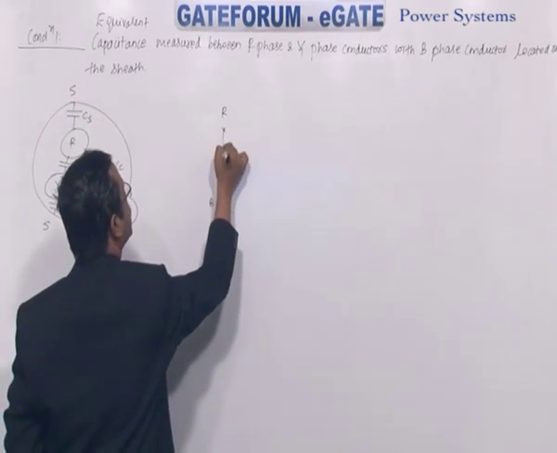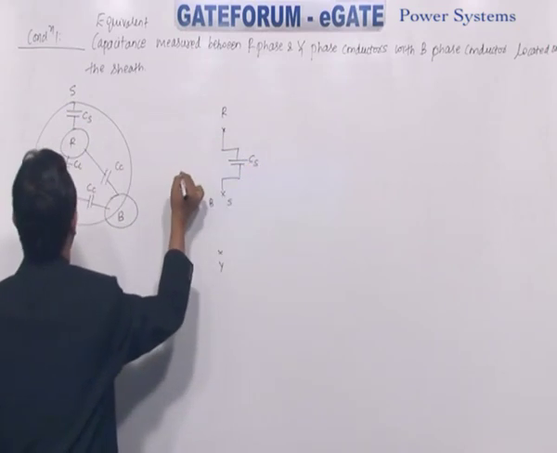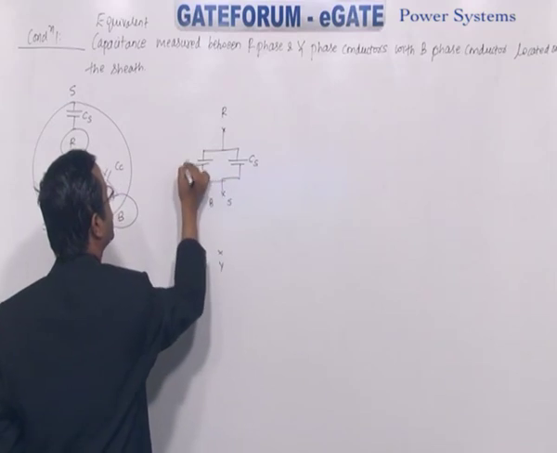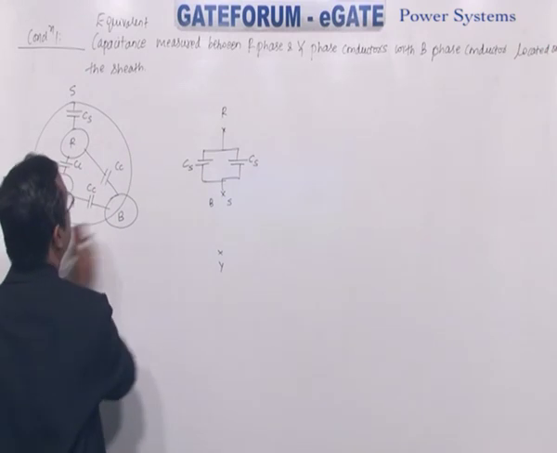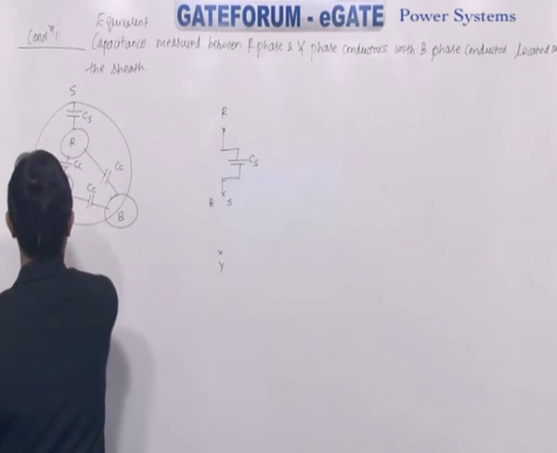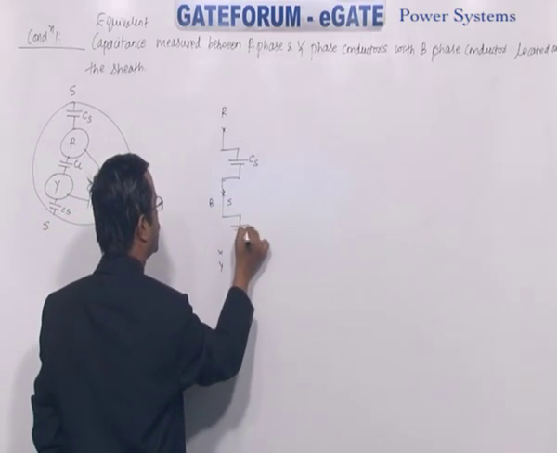R phase and sheath we are having CS. Y phase and sheath you are having CS.